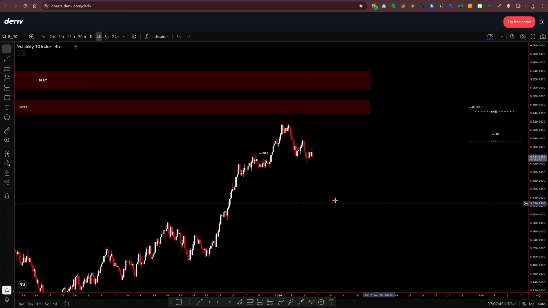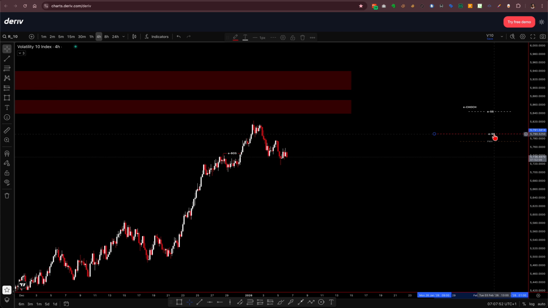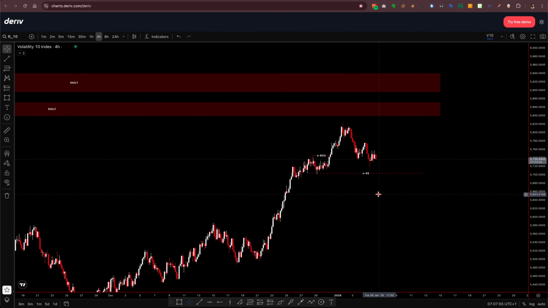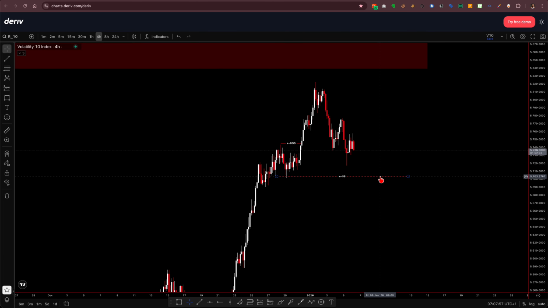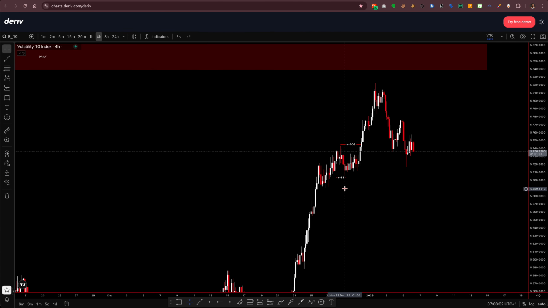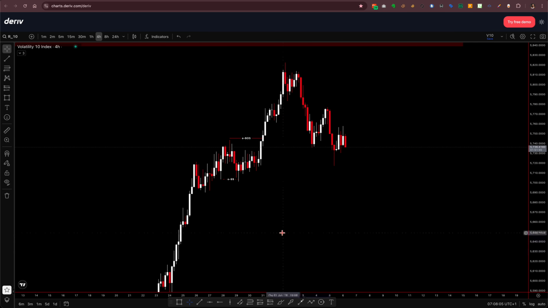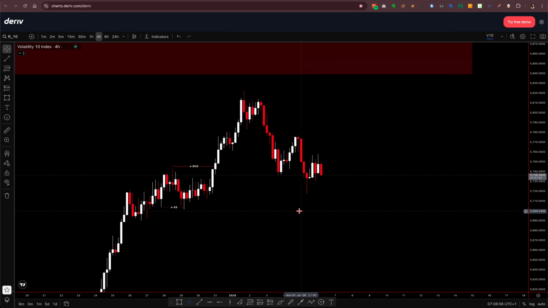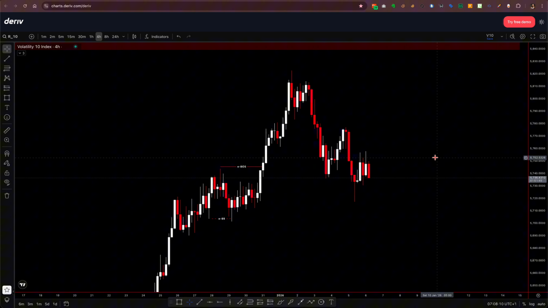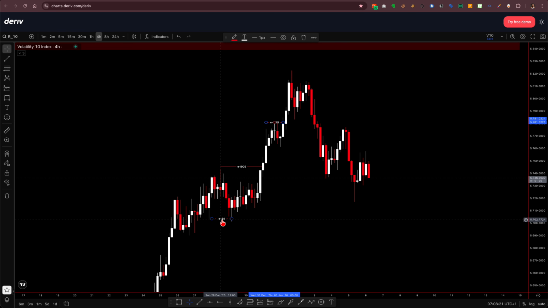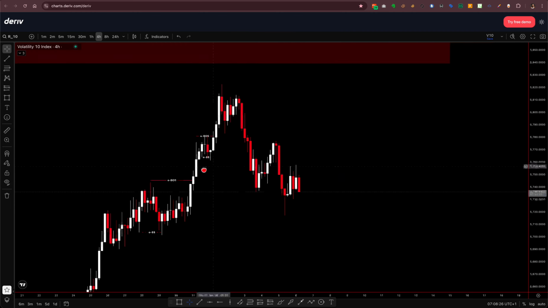Okay, so this is my most recent break of structure. Why? There is liquidity swept in this area right here. And this is also another break of structure. It looks minor, it looks very small, but it's also a major structure.